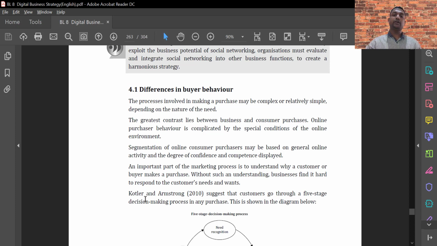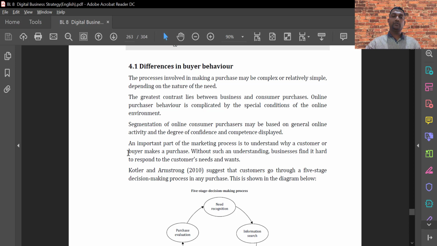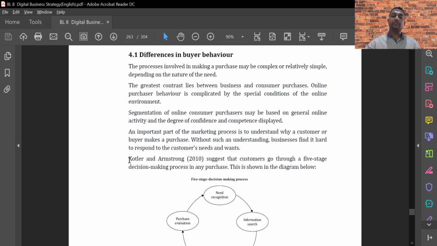So difference in buyer behavior. Between business and consumer purchasers, there is a difference. Online purchaser behavior is complicated by special conditions of the online environment. So it explains here that in the online environment, there can be different conditions which are affecting the buyers.